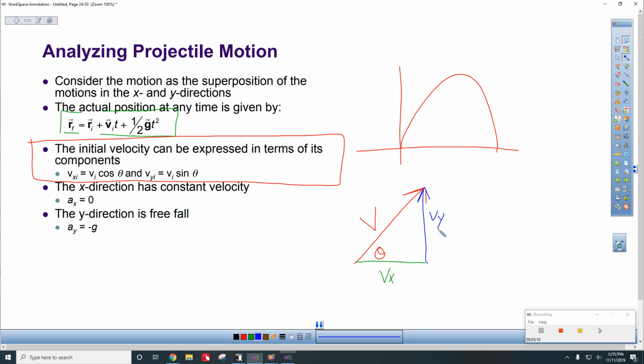So if we wanted to write that vector, it's the magnitude of the velocity times the cosine of theta, the magnitude of the velocity times the sine of theta. And hopefully you guys recognize that.